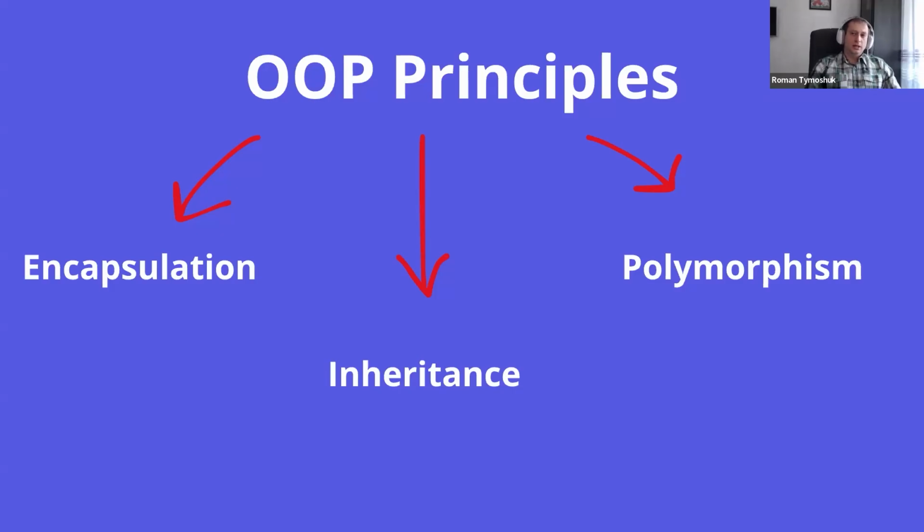Or animals. As I said before, we may have mammals, we may have some fishes, cockroaches, whatever. They should be classified on a higher level, but each of them may have their own additional methods, additional values. And in case of inheritance, we are not duplicating the logic.